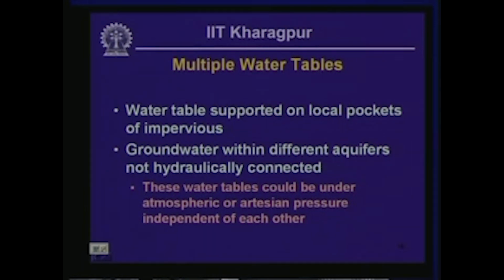These individual aquifers might be in a state of atmospheric condition, or there might be an independent water table developing within these aquifers, or some of them might be under artesian pressure, and because they are not hydraulically connected, each of these conditions is going to develop independently of the conditions within the other aquifers.